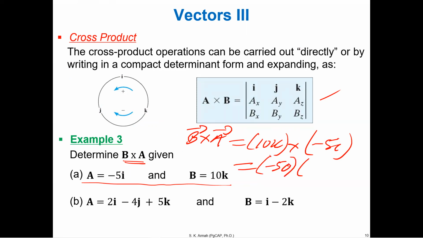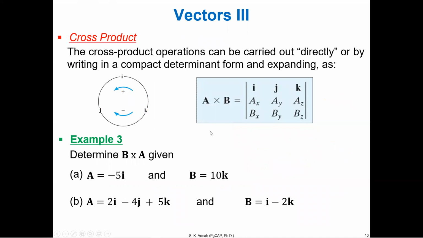Then we have to check what is K cross I. That is J. In other words, if you get used to it, then you don't need to worry that much. Let me undo.